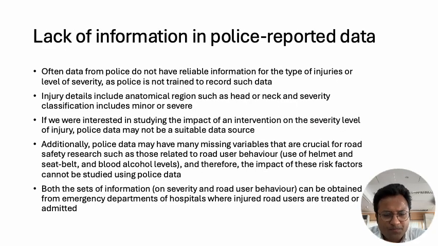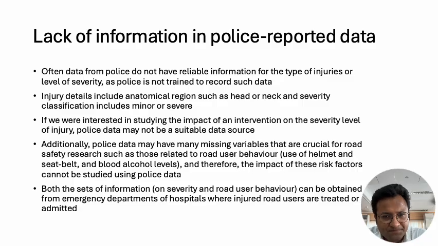All right, so we discussed the one limitation in police reported data is underreporting, and as we discussed, it has an implication on sample size calculations. The other problem with police reported data is that a lot of information that is crucial for us to describe a traffic crash may be unavailable in such data.